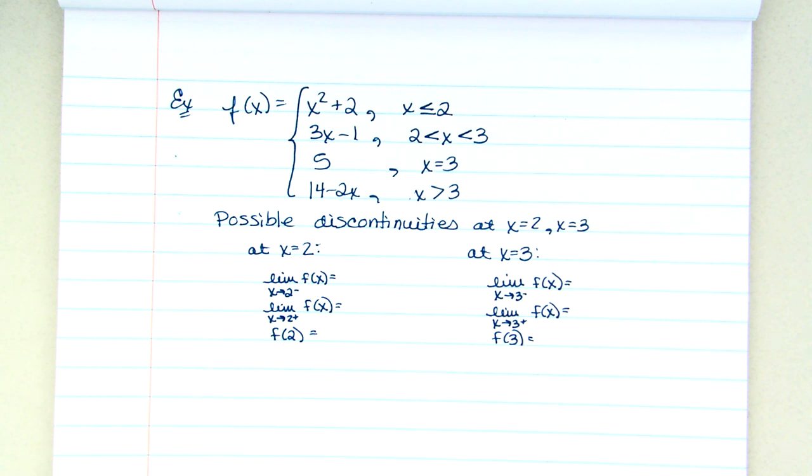And honestly, to remember what type of discontinuity it is, I find it helpful to try to draw a little graph. I'm approaching this thing, I'm approaching that thing, the value's there.